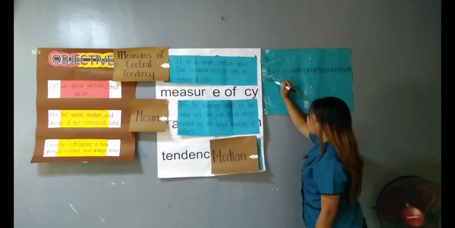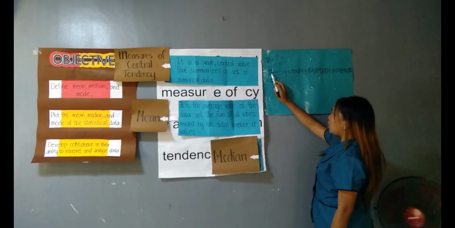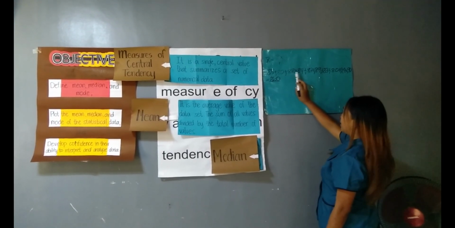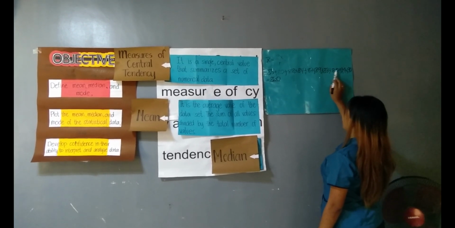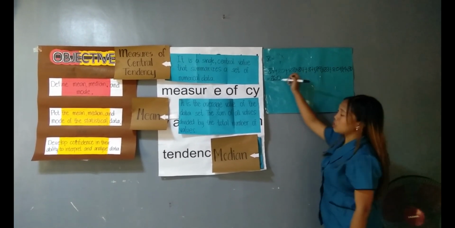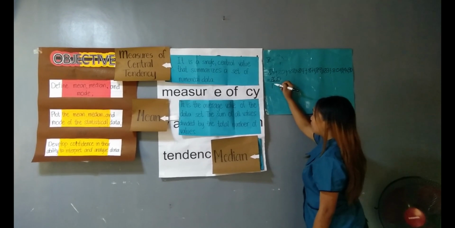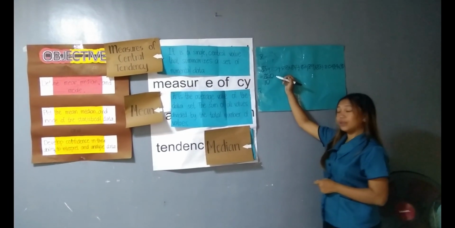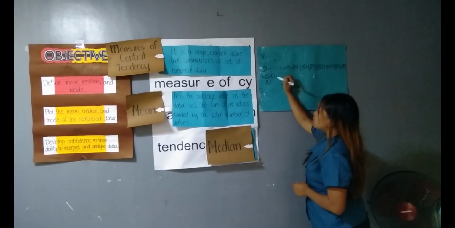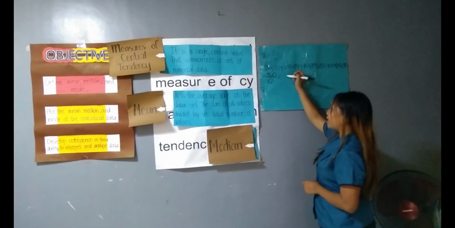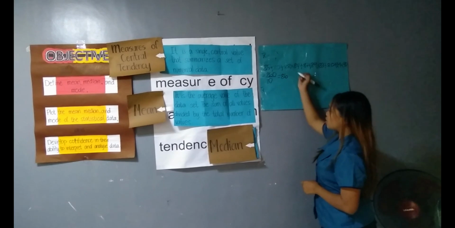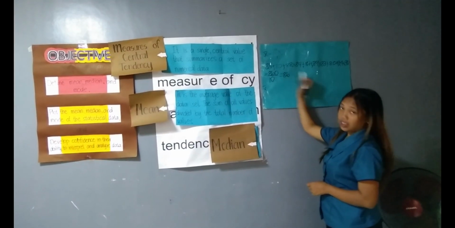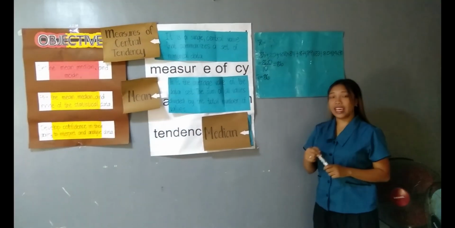It has 10 values. So, 860 divided by 10 is equals to 86. So, our mean for this data is 86.